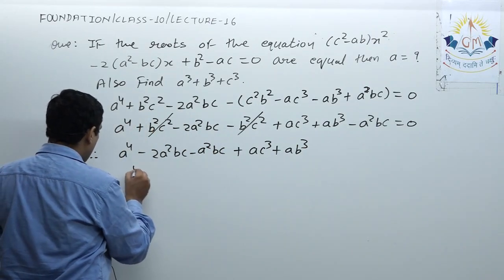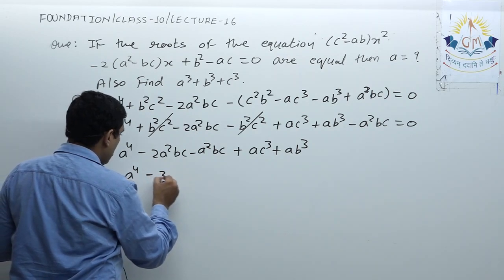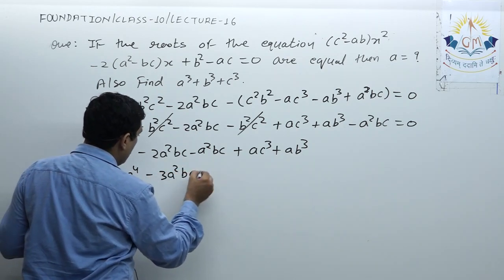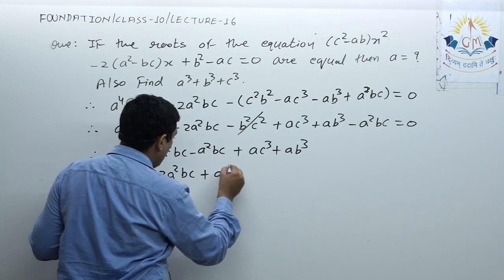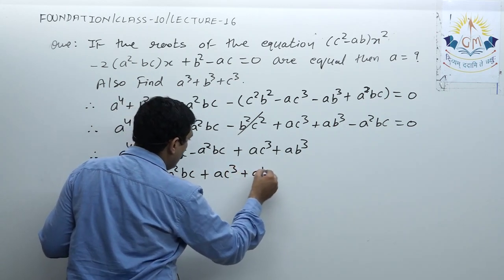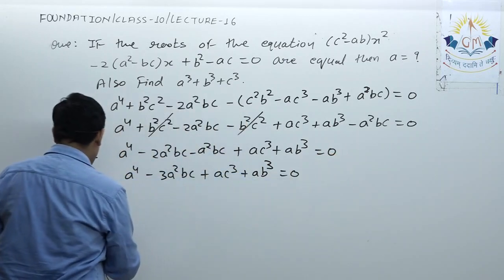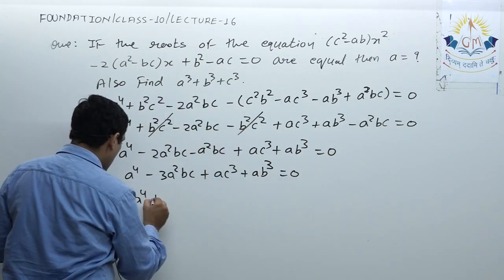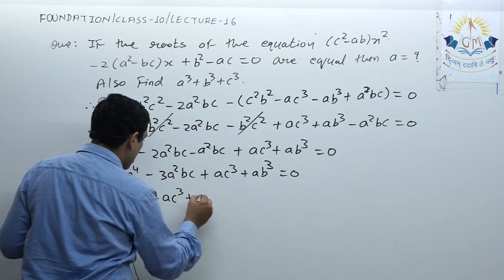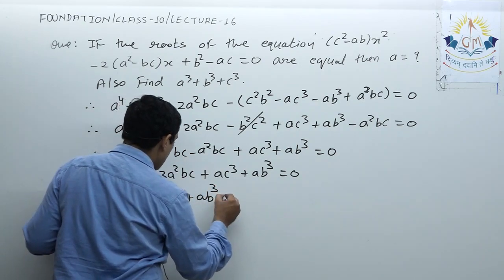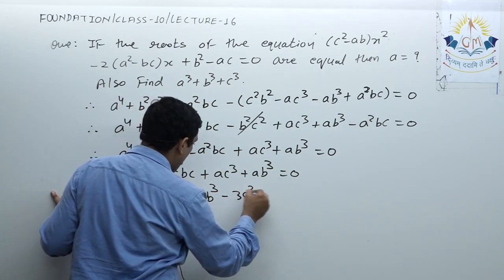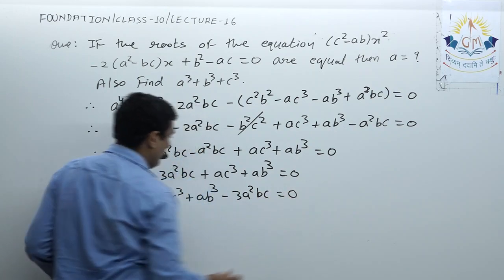So a raised to 4 minus 3a square bc plus ac cube plus ab cube is equal to 0. Now a raised to 4 plus ac cube plus ab cube minus 3a square bc is equal to 0.